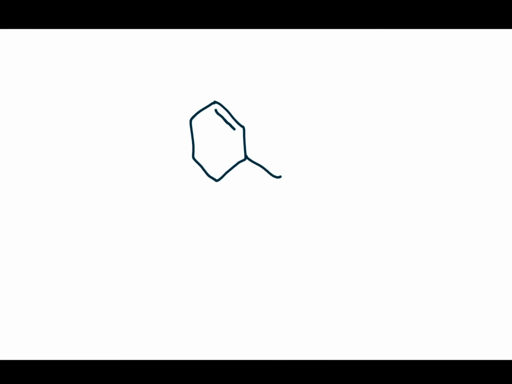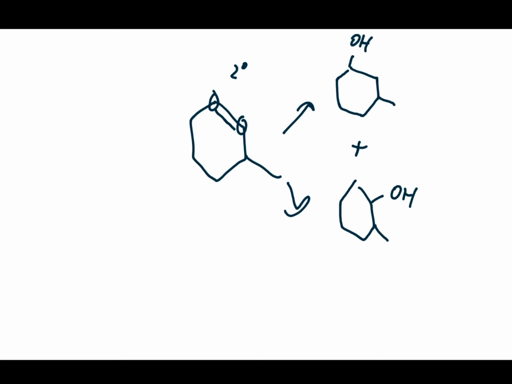That is because this is the second answer. And as you can tell, both of these carbons are secondary. They both are attached to two other carbons. So this can give you two different answers in 50-50 ratio. That's these two.